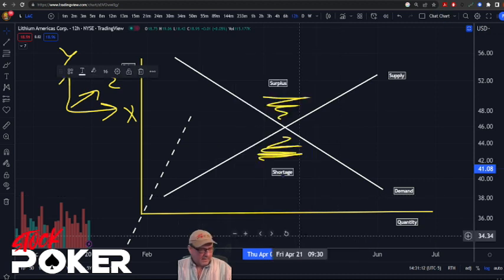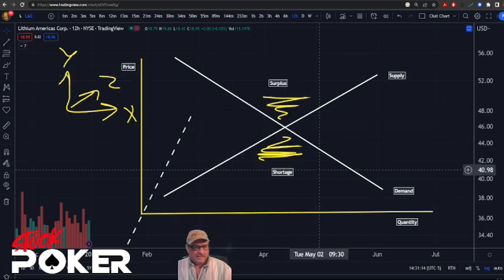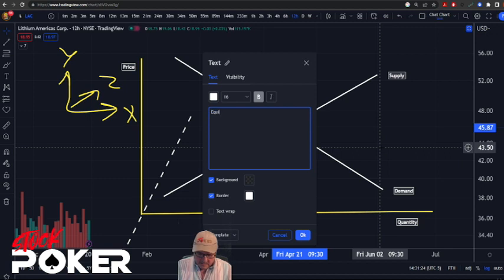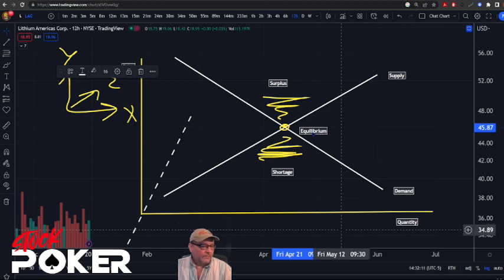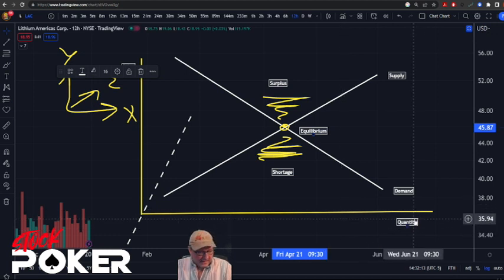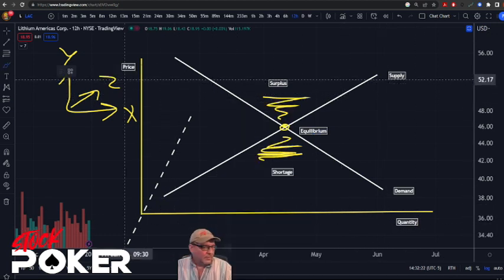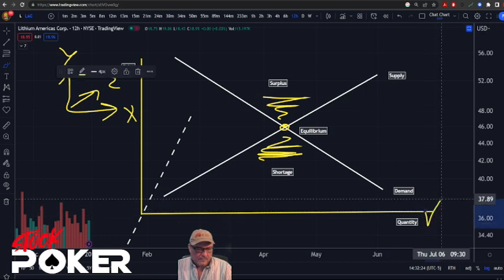Now, one thing you got to think of, though, I'm getting somewhere with this. Price wants to stay in equilibrium. It'll always strive to go back to equilibrium. For whatever reason, price temporarily got out of equilibrium. If you picture this as price, we could think of this as volume.